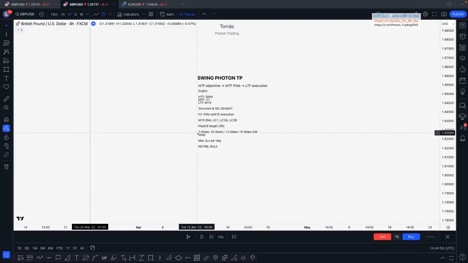Also, in terms of sessions, I will be covering this on the stats video, but for you just to see, I found that for me it works very well trading London. So from 7 to 10, I just put here 10, because I'm not super strict, like, okay, 10 I stop trading.